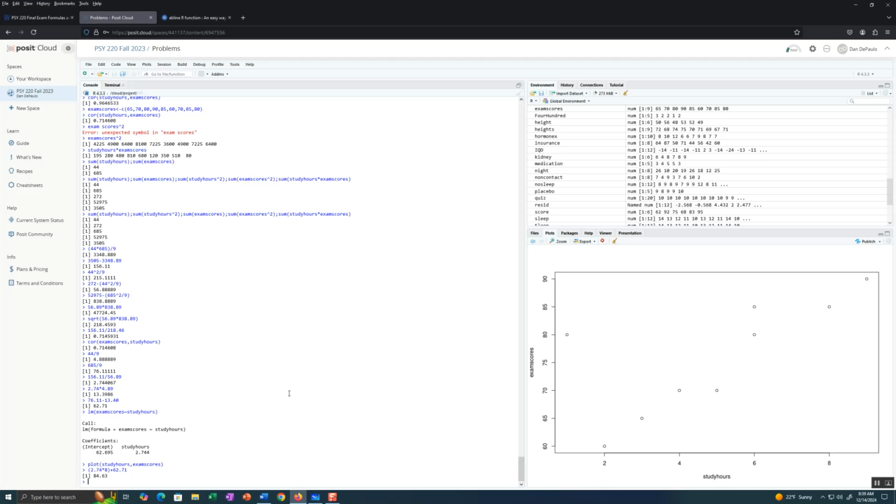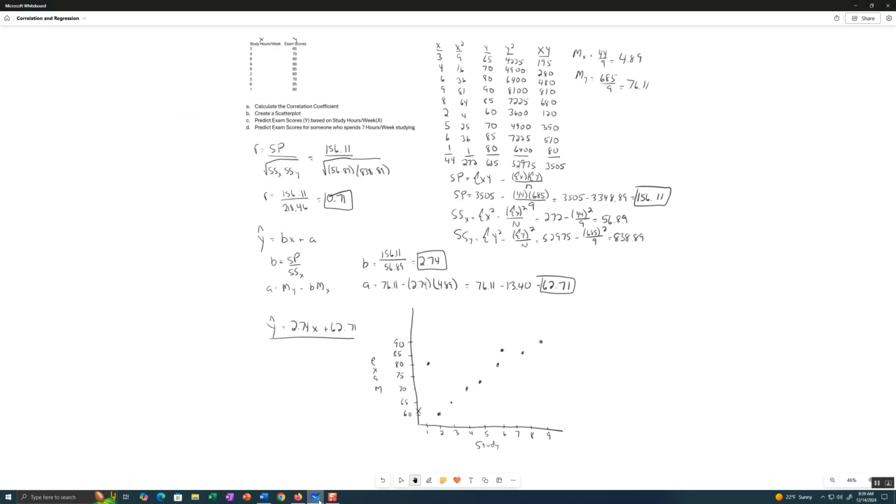That's 84.6, so that's my second point on the line. So 8 and 84.6 is like right here. Take these 2 points and connect them. You have a very close line.